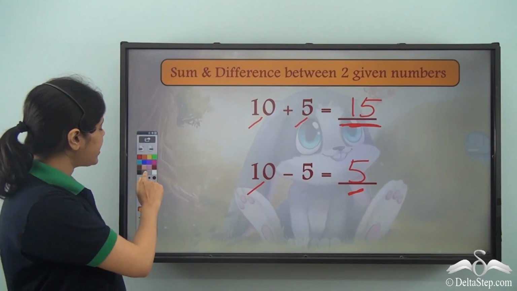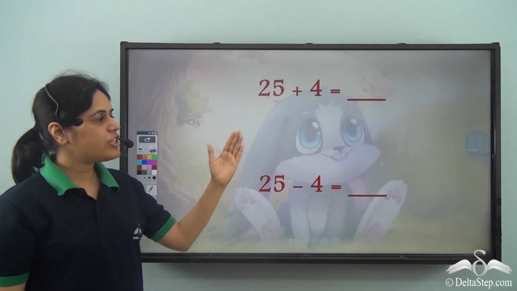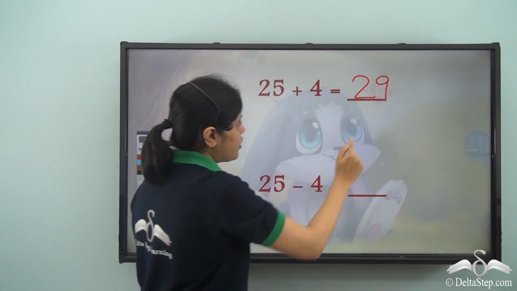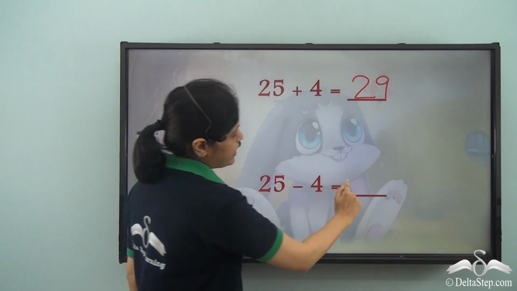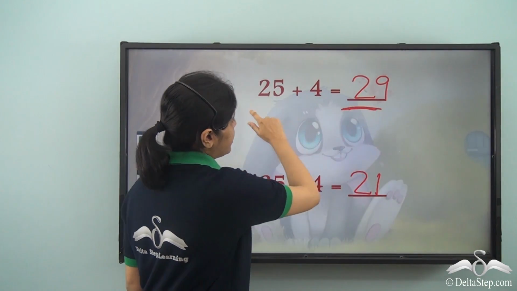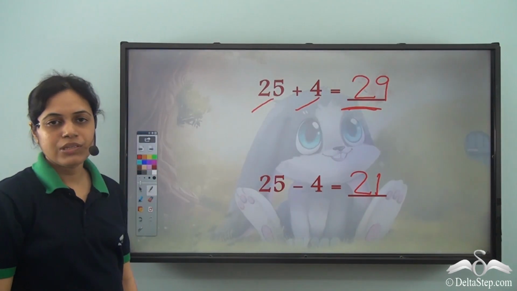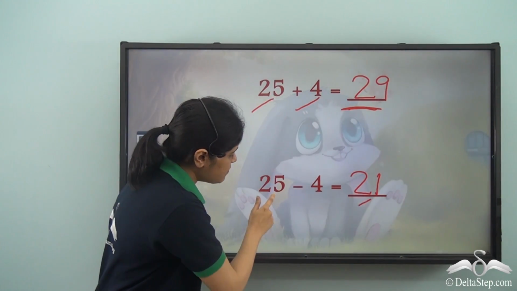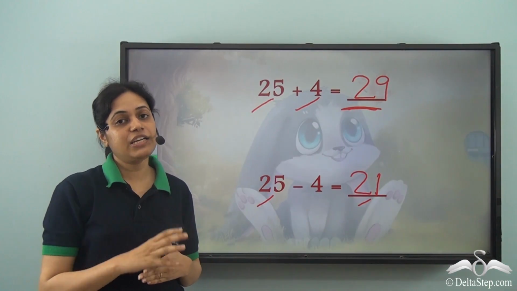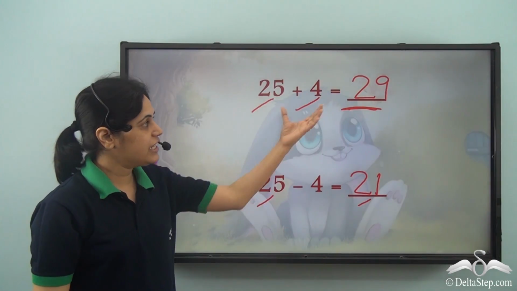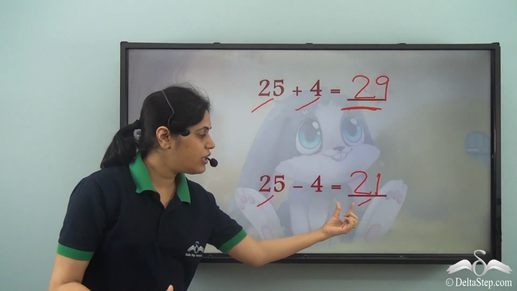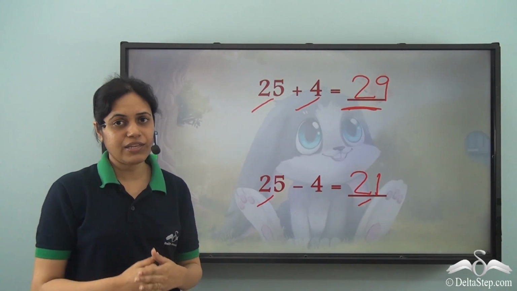Let's do it for another set of numbers. What is 25 plus 4? 29. What is 25 minus 4? 21. So once again, the sum is greater than each of the numbers and the difference is smaller than this number. So this means that whenever I need to find a bigger number, I need to add the numbers. And whenever I need to find a smaller number, I need to subtract the numbers.